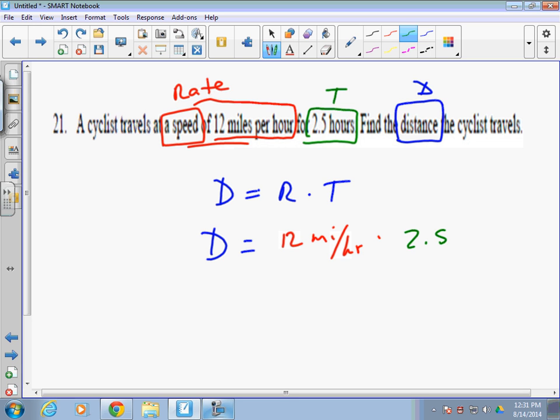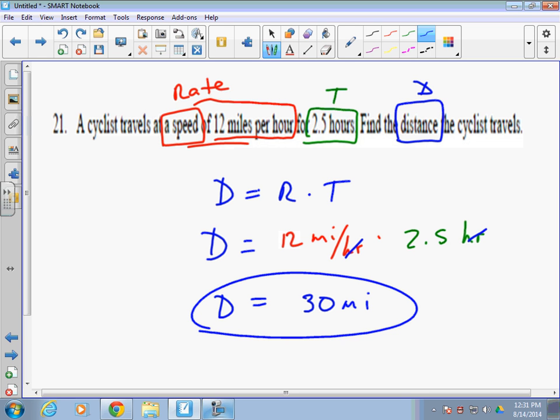So all you're doing is multiplying, and that's 2.5 hours. You're multiplying 12 times 2.5. 12 times 2 is 24, and then half of 12 is 6. So your distance is going to be 24 plus 6, which is 30. And then hours divided by hours is going to be 30 miles. The distance is 30 miles.